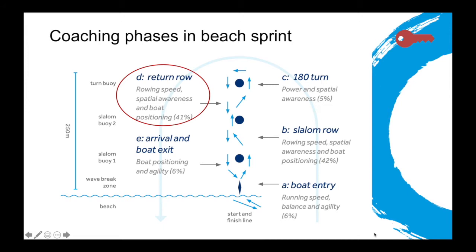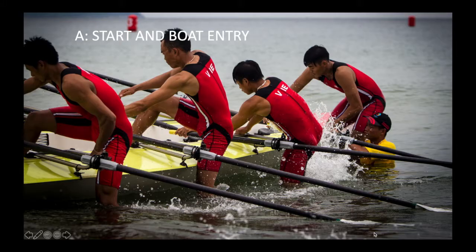We're looking for rowing speed, spatial awareness and boat positioning to make sure that they're rowing the shortest possible line as they come back into the beach. And the final phase is the arrival through the surf break, the boat exit and the final sprint up to the finish line. So those are the 5 phases of the beach sprint, and we're now going to look at each one of those in turn in more detail.